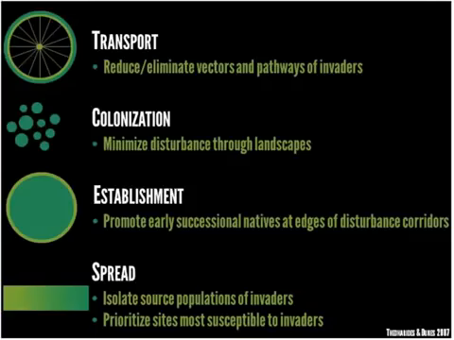And by promoting early successional natives as part of our landscape and our restoration, we can prevent establishment of invasive plants. And then finally, we can isolate source populations of invaders when they've just first invaded and prioritize those before they spread. So it gives us a way that we can strategize managing these things at different parts of the invasion.